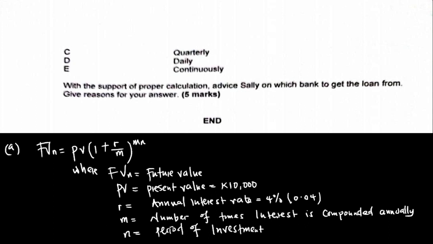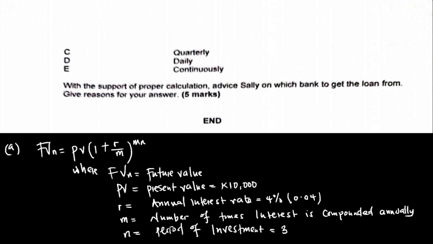So our N is 3 years. Then the M, it depends. If it's semi-annually, the M becomes 2. If it's quarterly, the M becomes 4, because in a year there are 4 quarters. If it's just annually, that means the M is 1, because the number of conversions will only be 1 in that particular year.